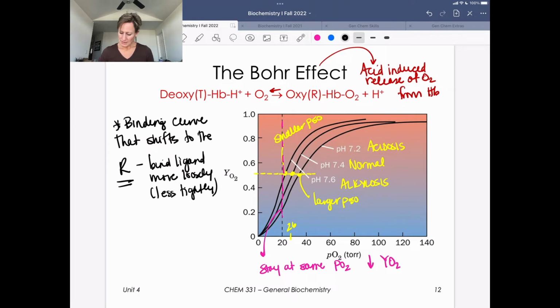Right? And so this idea of seeing these binding curves shift in this direction, shifting to the right. Now, this is not saying our state. This is shifting to the right. We shift to the right here. We are going to see that we bind that ligand less tightly, more loosely, okay?